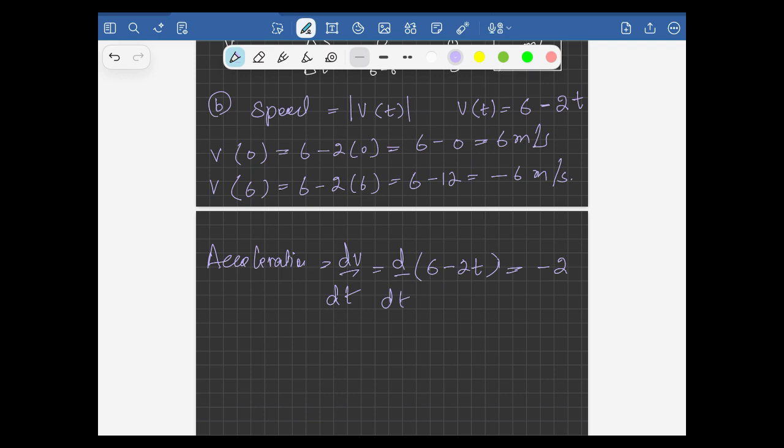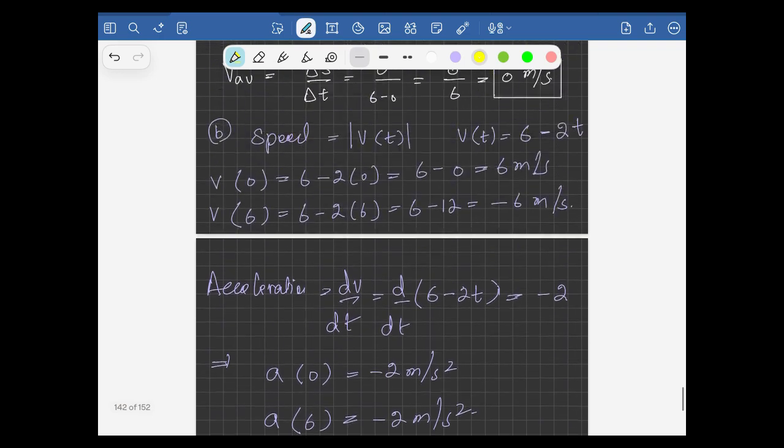So again, we have a constant value for the acceleration. It means acceleration at the endpoint 0 equals minus 2 meter per second squared, and acceleration at the endpoint 6 equals minus 2 meter per second squared. That's the theory for the constant values.